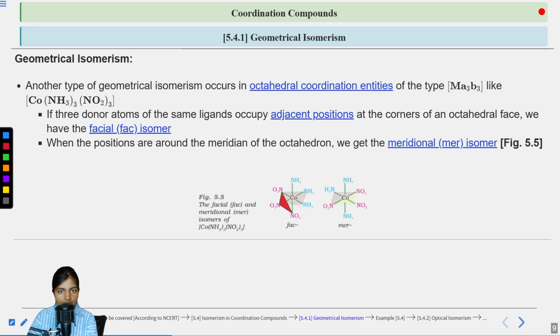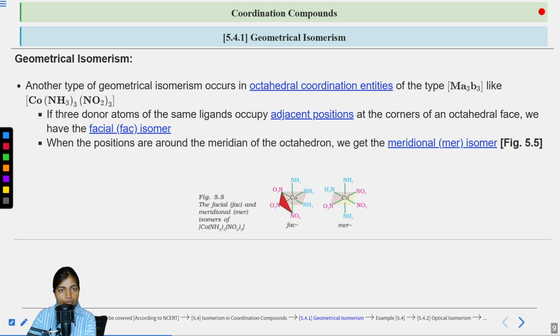Figure 5.5 shows the facial and the meridional isomers of this complex, Co(NH3)3(NO2)3. Cobalt is the central metal, and it is arranging all six ligands in an octahedral manner. Now, when you are placing the three donor atoms, that is nitrogen, of the same ligand, let's say the NO2 ligand, the donor atom will be nitrogen, which is going to bond with the central metal with a coordinate covalent bond.